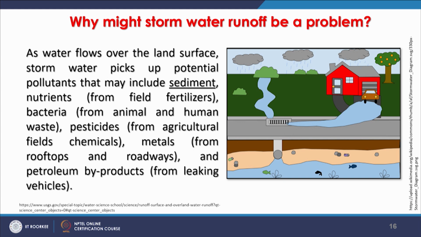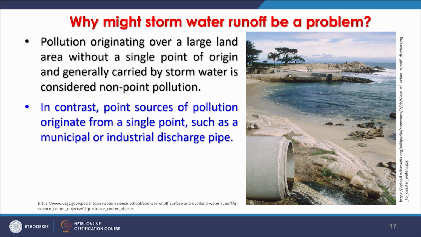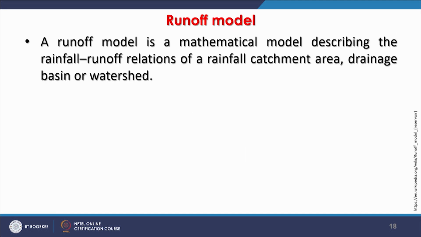That is why flood water is not safe for any kind of consumption, because many things are getting mixed with the water. So, why can stormwater runoff be a problem? Because these pollutants originate from a large land area without a single point of origin, otherwise they could have been treated. In contrast, point source pollution originates from a single point and can be treated. So, polluted stormwater runoff can be harmful to plants, animals and people also.